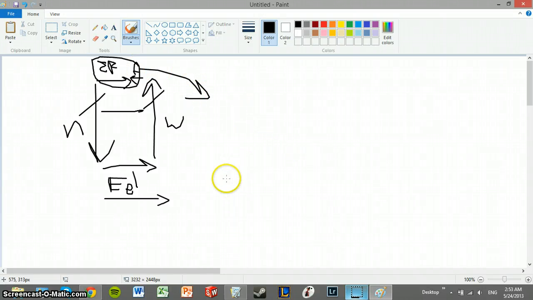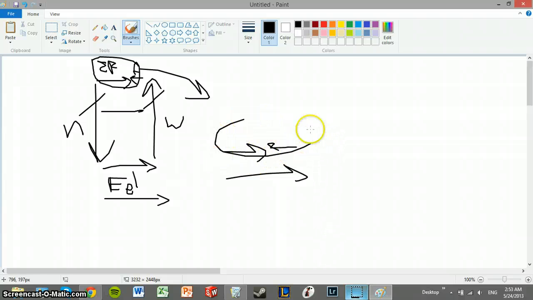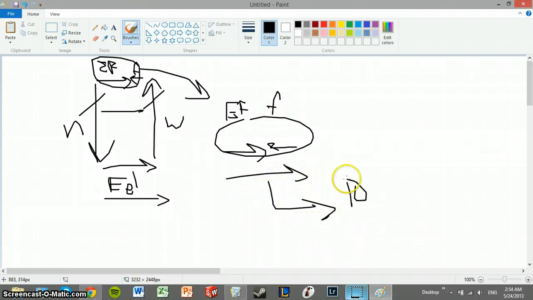We already know that these two arrows, which are the spring force and friction, have to equal this arrow. And this arrow is 103.34. And we know the sum of forces is MA.